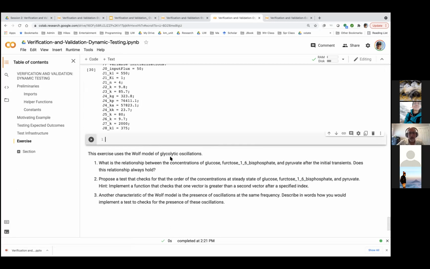So a great way to start this, and let's put this in context. The Wolf model has been published. It was published 20 years ago, so why do I need tests at this point? That's a reasonable question to ask. It may be that you want to use the Wolf model as the basis of something more extensive.